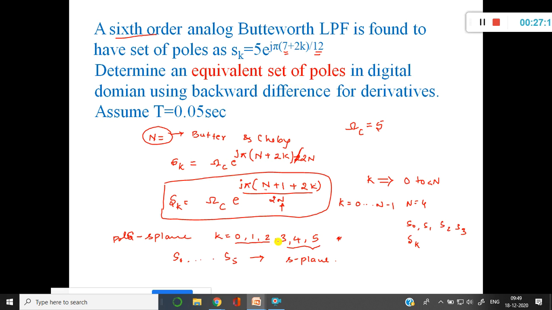This is where we should understand that there is a relationship between S and Z, that is S equals (1 minus Z inverse) divided by T. This is the transformation relation. So what is Z in terms of S? Z is nothing but 1 by (1 minus S into T).